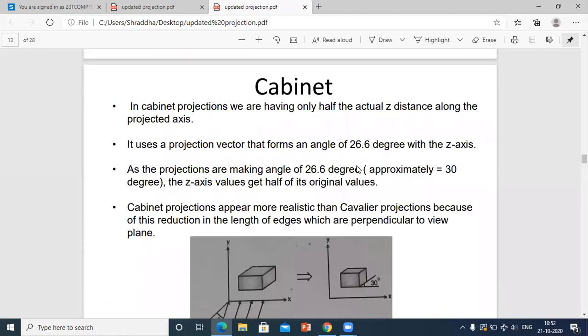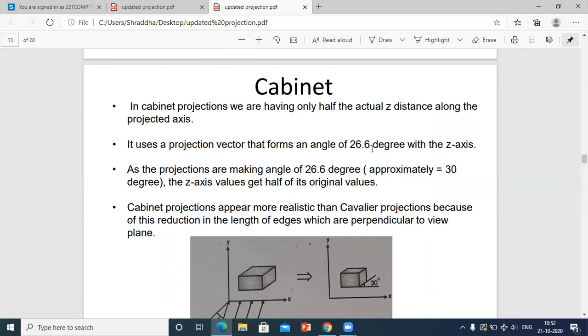In cabinet projection, we are having only half the actual z distance along the projected axis. We are having only half the distance of the z-axis. It uses a projection vector that forms an angle of 26.6 degrees with the z-axis. Now over here I want to bring to your notice one very important point.